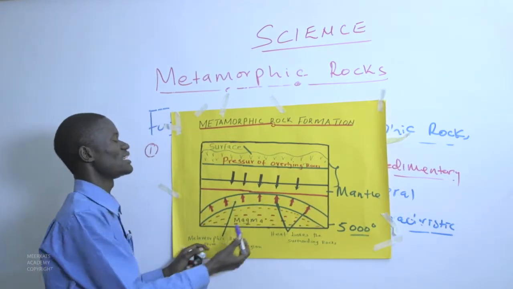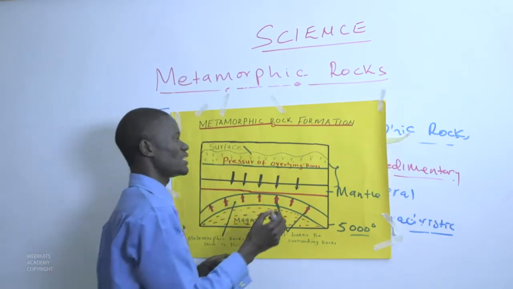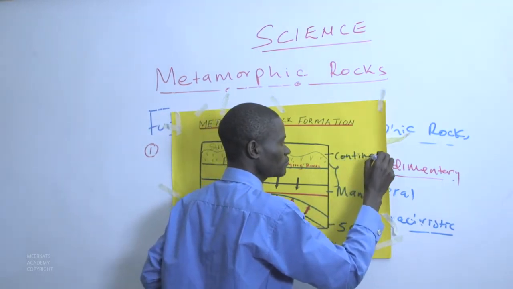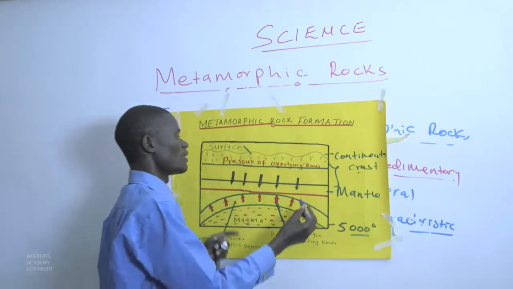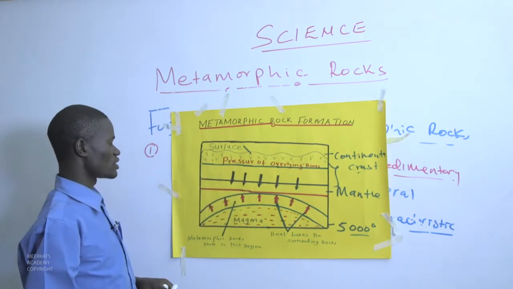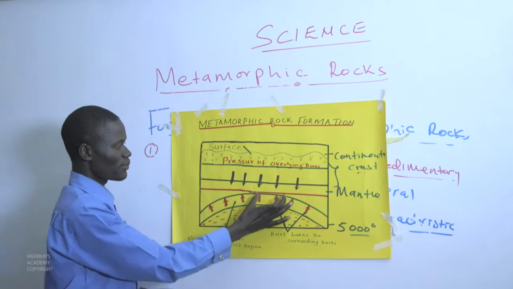And as they have been heated, the pressure from the overlying burden, that is the continental crust, the pressure from the overlying rocks of the continental crust is also going to release some pressure.